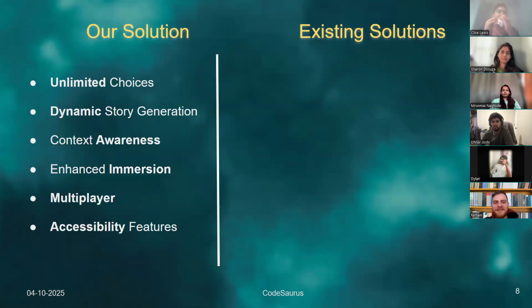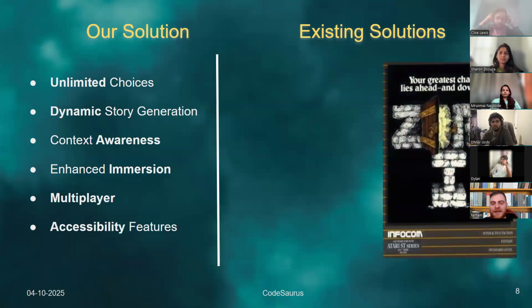So our solution is different than the existing solutions, which are the Zork that has been an interactive novel since, I'm assuming, around the 1980s, where you, as the user, can play a story but have limited decisions.